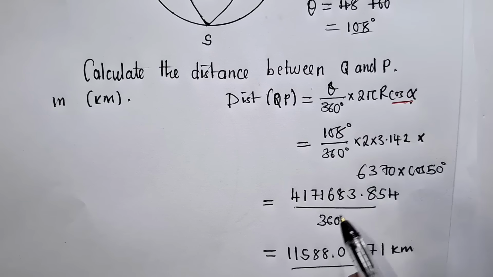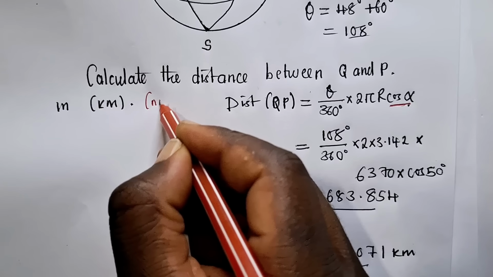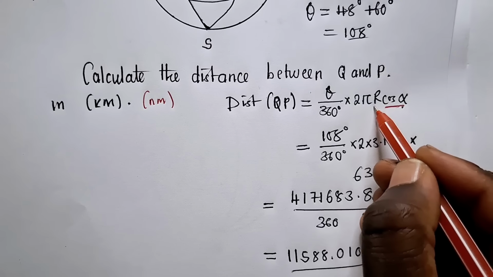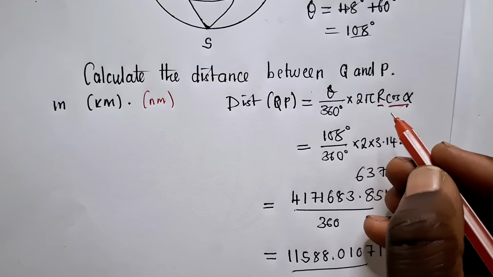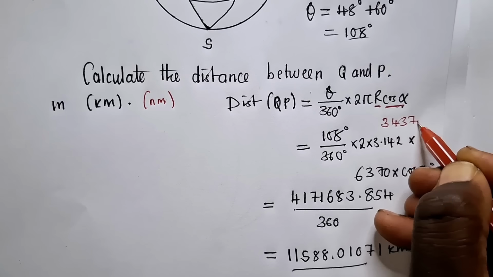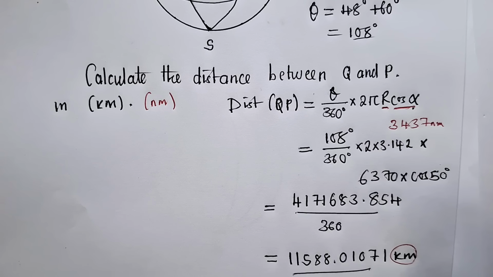Again, even here, if they ask you to calculate in nautical miles, you are going to just change the value of r, like it was, where it will be 3437 nautical miles, and also the units. So this is how it is.